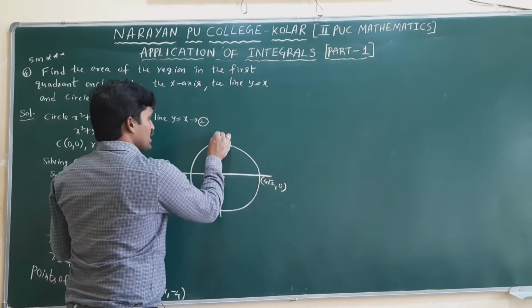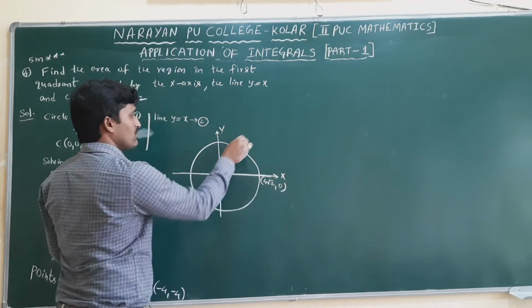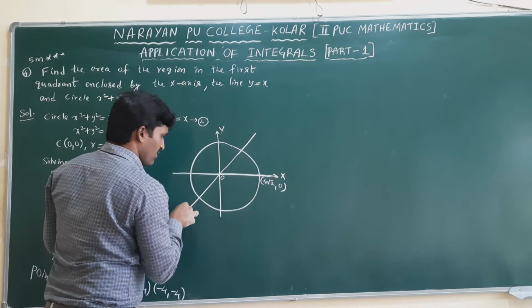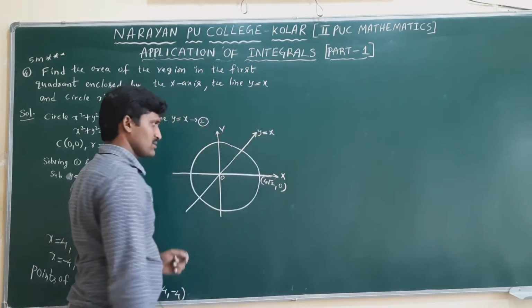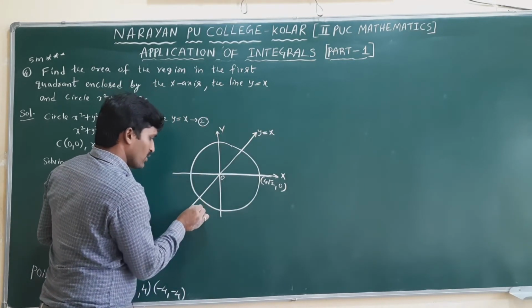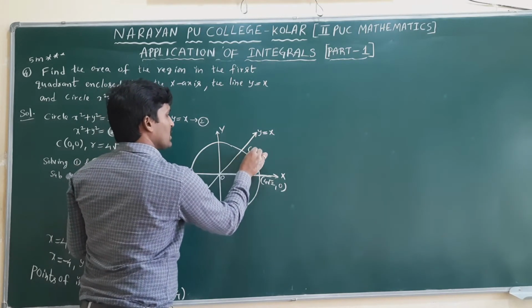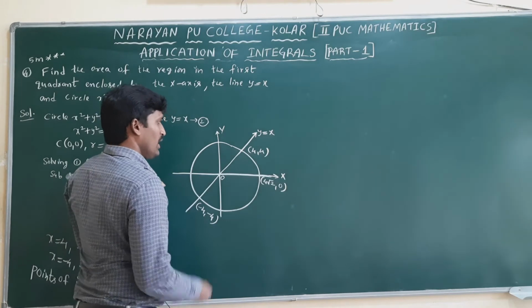And the line clearly is passing through origin, in y equal to mx form. An approximate rough diagram is enough for this. This is y equal to x. This point, both are negative, in which quadrant? Third quadrant. Both are positive in first quadrant. That's why this is 4 comma 4.